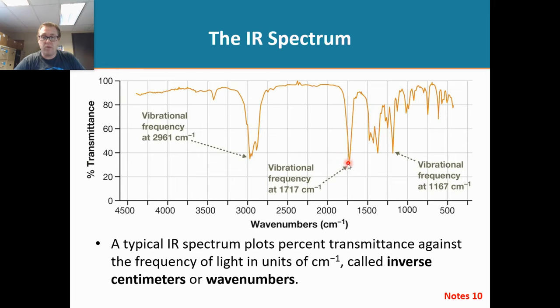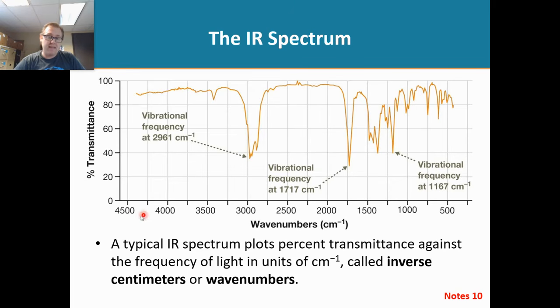Right here on the pointer, at that point right there, we have a small percentage of transmittance, but a very high percentage of absorption. So we're looking at the peaks, and these peaks are when the molecule is absorbing photons of light.